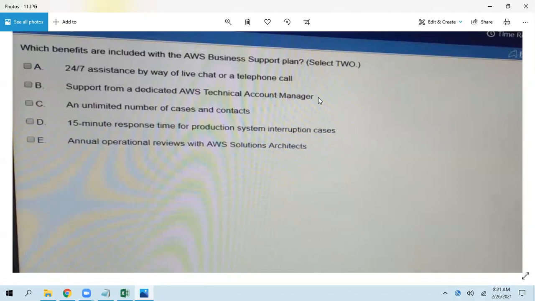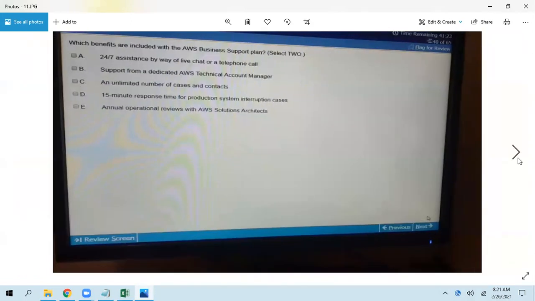So A, 24/7 support and unlimited number of cases. Yes. Annual operational reviews are again for Enterprise only. The 15 minutes response time is also for Enterprise only. TAM also for Enterprise only. So only two, A and C.